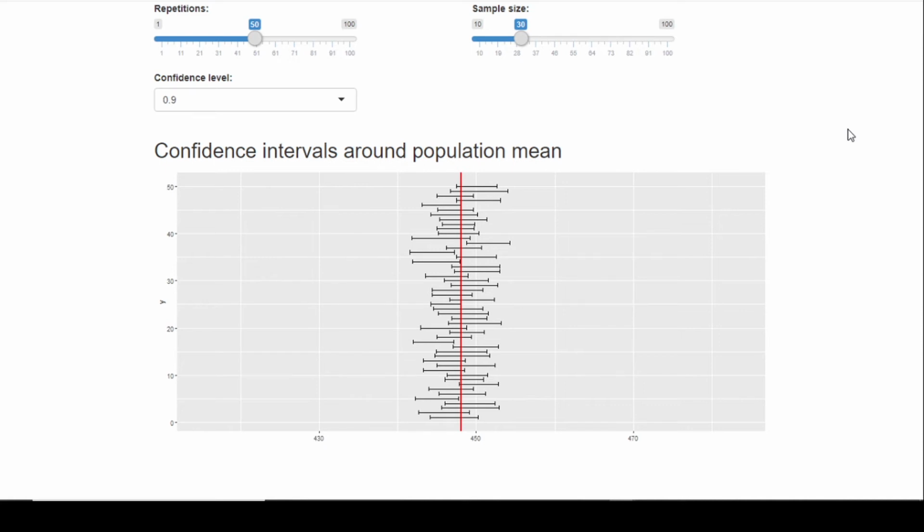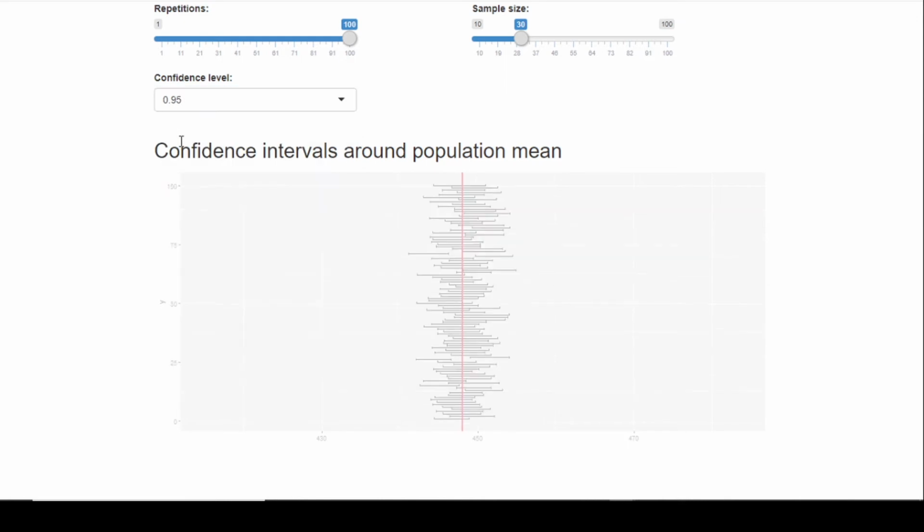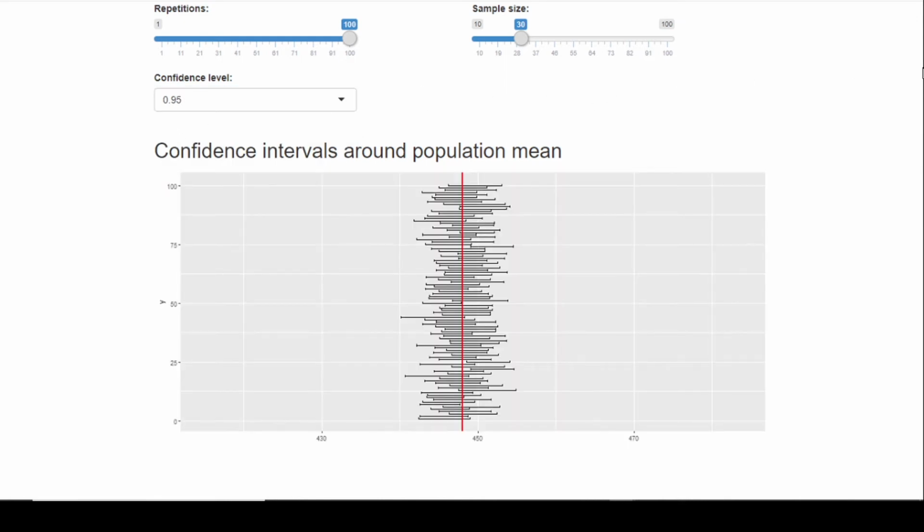Suppose now that I take 100 samples of size 30 and I use a confidence level of 0.95, then we expect that 5 out of these 100 confidence intervals will not contain the red line.